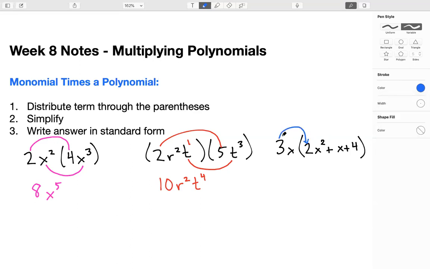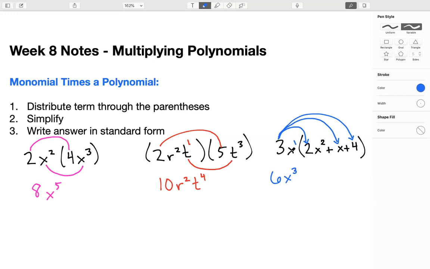But we have to multiply these terms on the outside by each term on the inside. So 3x times 2x squared. Again, don't forget there's a 1 there. 3 times 2 is 6. X times x squared is x to the 3rd.